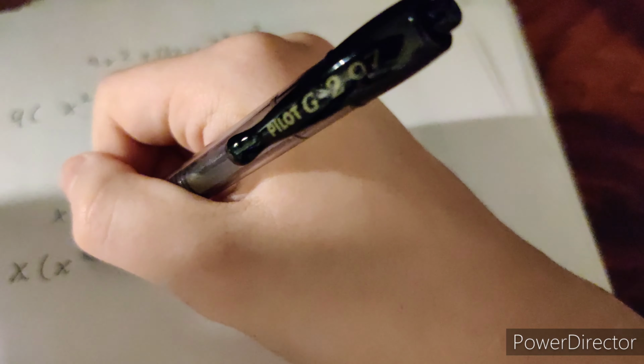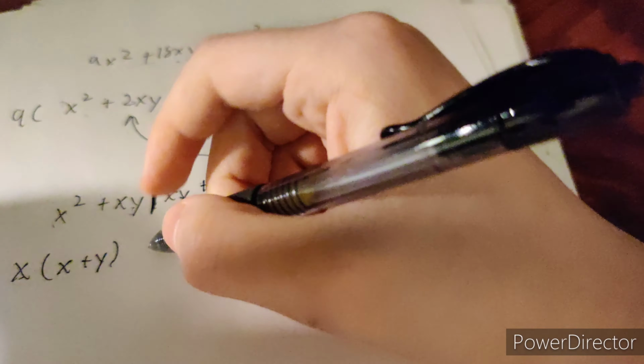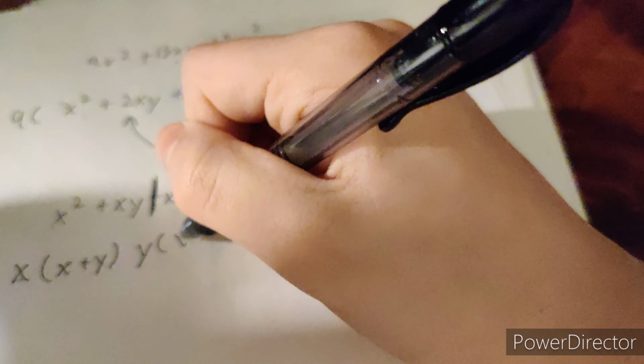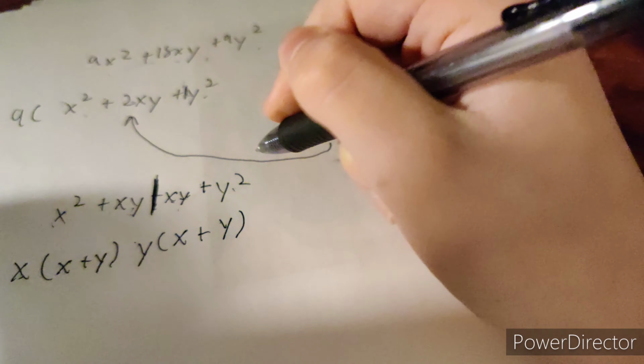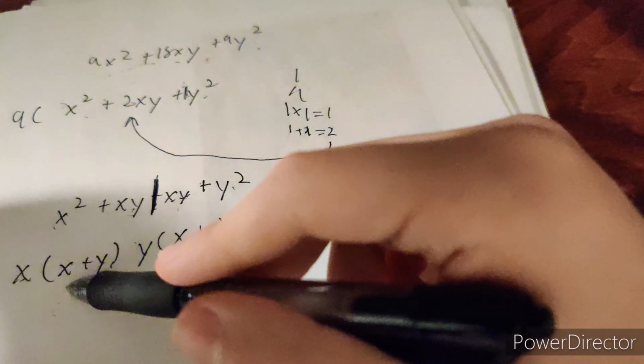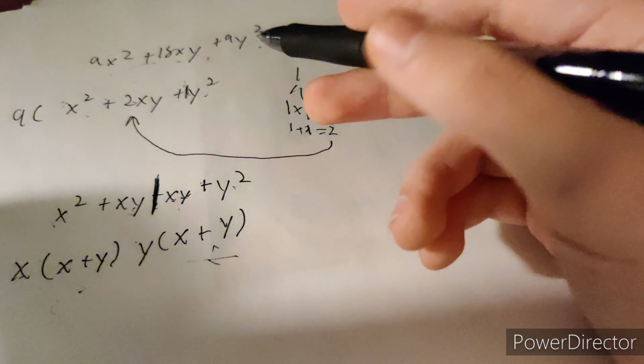If you take out an x, you get x times x gives you x squared. X times y gives you xy. Now, what can we do with this? Well, y. Y times x gives you xy. Y times y gives you y squared. As we see, both have the same expression inside the parentheses, so we know we've done it correctly.